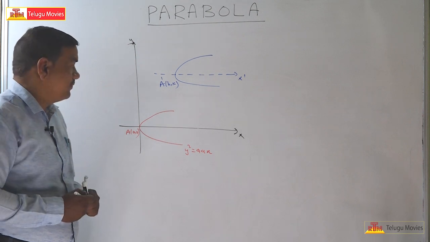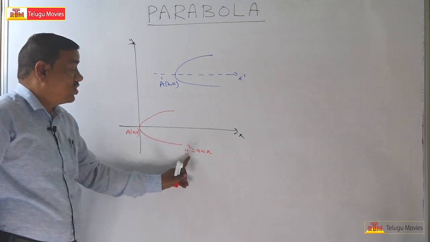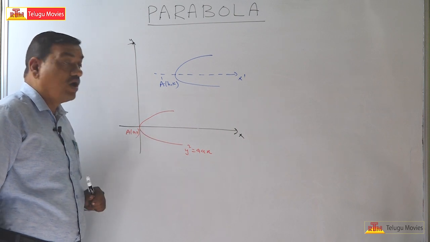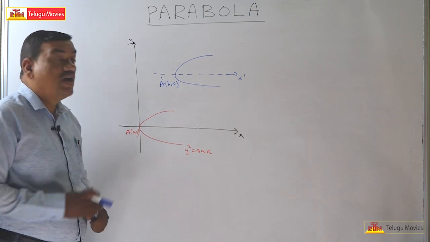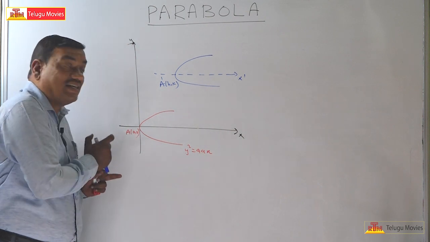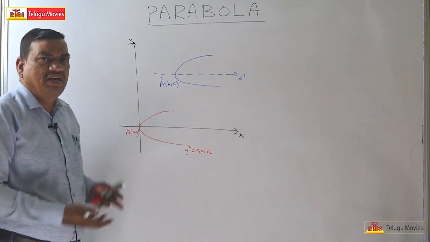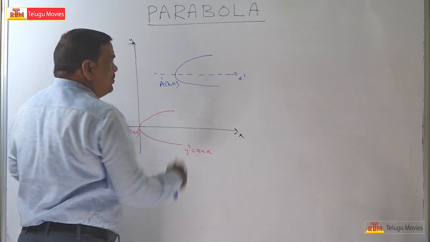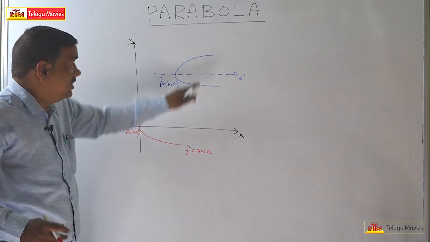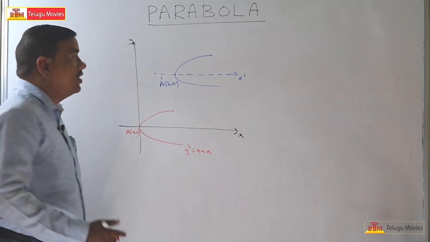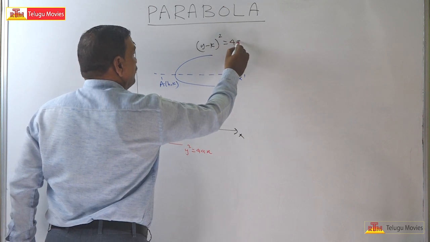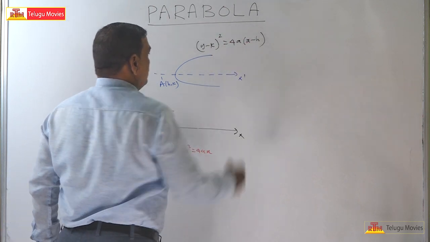Very easy to learn. Now what is the equation of this parabola? It lies in the first and second quadrant passing through the origin, so it is y square is equal to 4ax. Now the vertex is shifted to (h, k), and the axis is parallel to the x-axis. Then the equation of this parabola is (y minus k) whole square is equal to 4a into (x minus h).